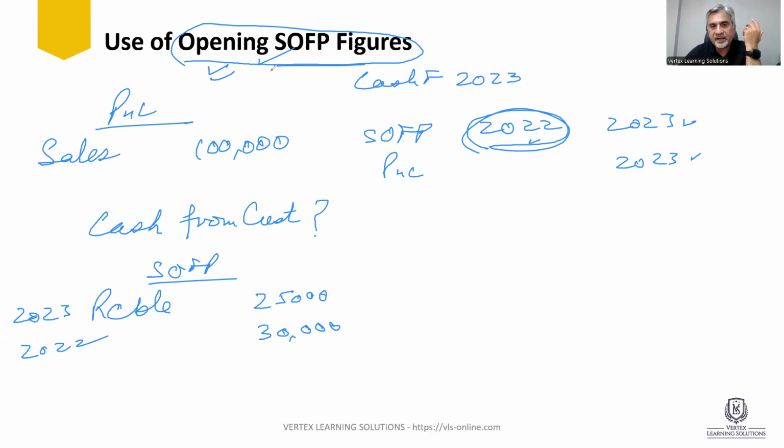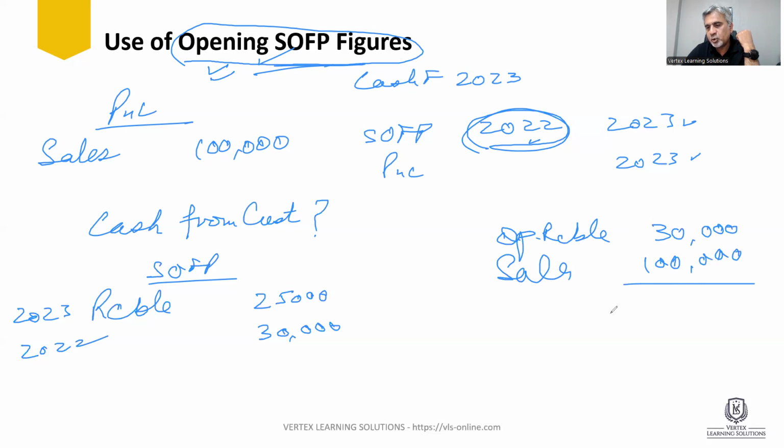You take the opening balance, SOFP. Now you can say that my opening receivables were 30,000. I made sales in this year of 100,000. So my total receivables should have been 130,000. This is how much it should have been.